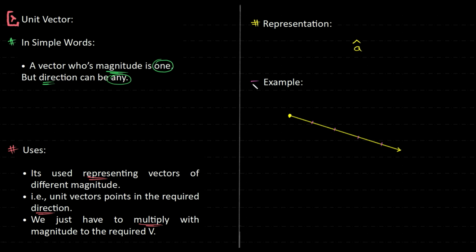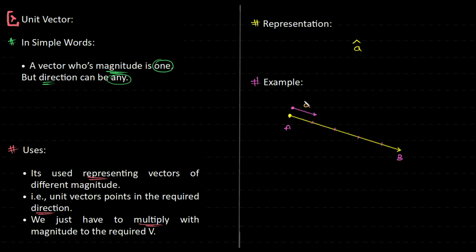Okay, so let's have a look at an example. So I have a vector, say AB over here. So this is of 1, 2, 3, 4, 5. This is of length 5 units with respect to this.